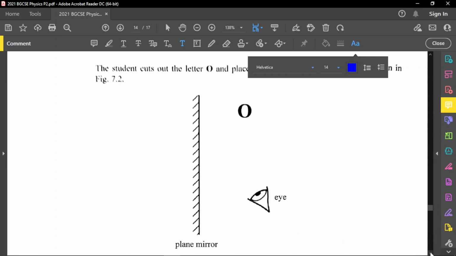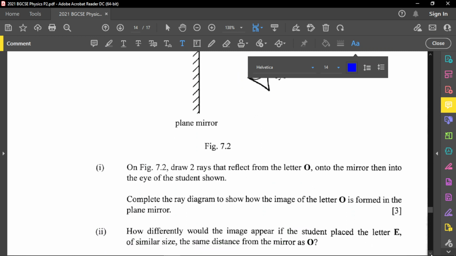On figure 7.2, draw two rays that reflect from O. So we need two rays coming from O onto the mirror, then onto the eye of the student that's shown, as a complete ray diagram to show how the image of the letter O is formed in the plane mirror.